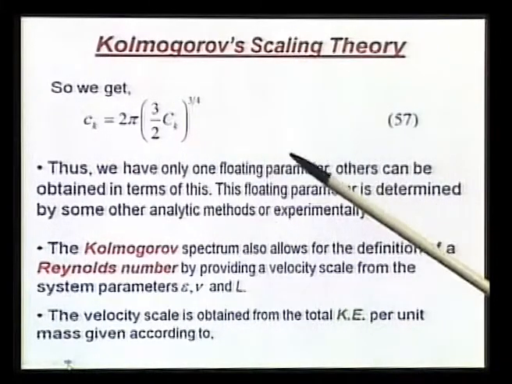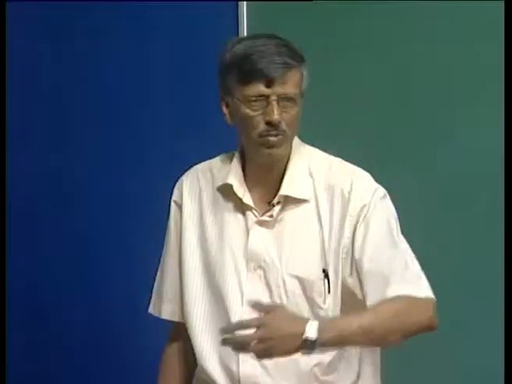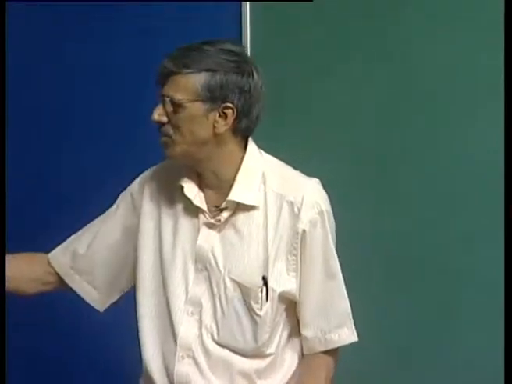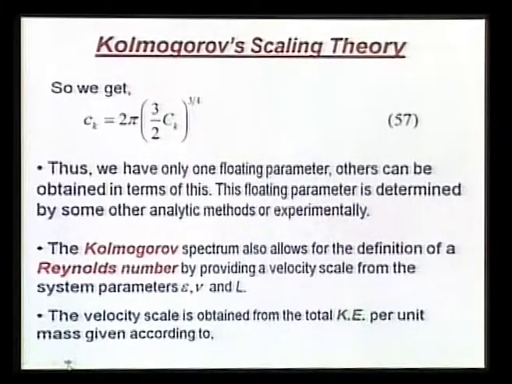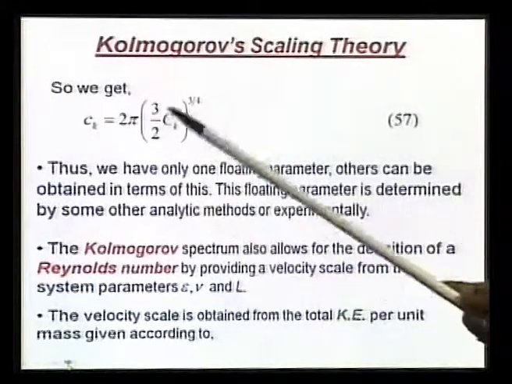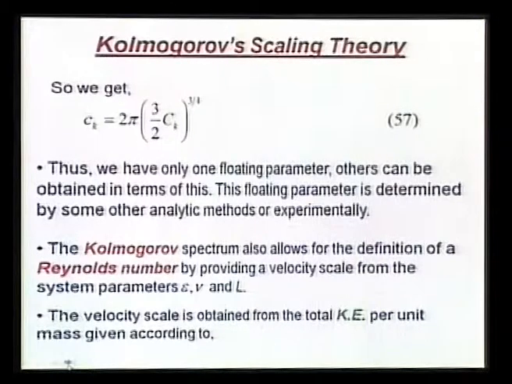So what it means is there are not too many C of k's that you will have to be looking around for, because there is a unique relation between the two. If you obtain one of them, the other one gets frozen. That is what we are saying. This floating parameter is determined by some experiment or by some statistical analysis tools, etc. Okay.